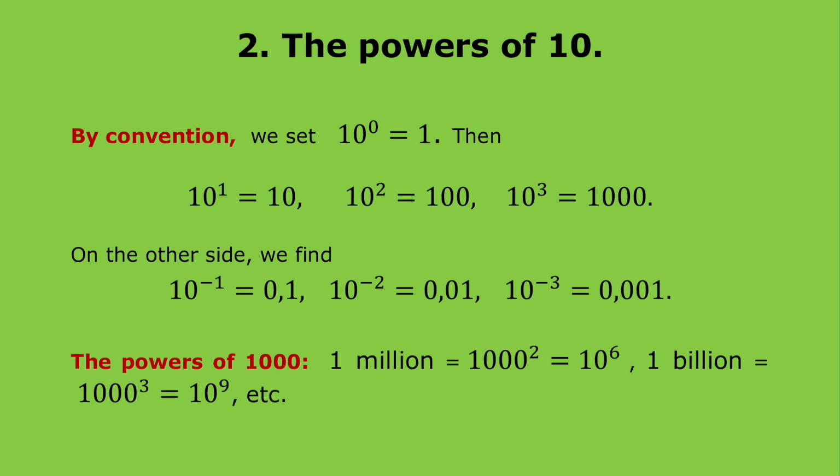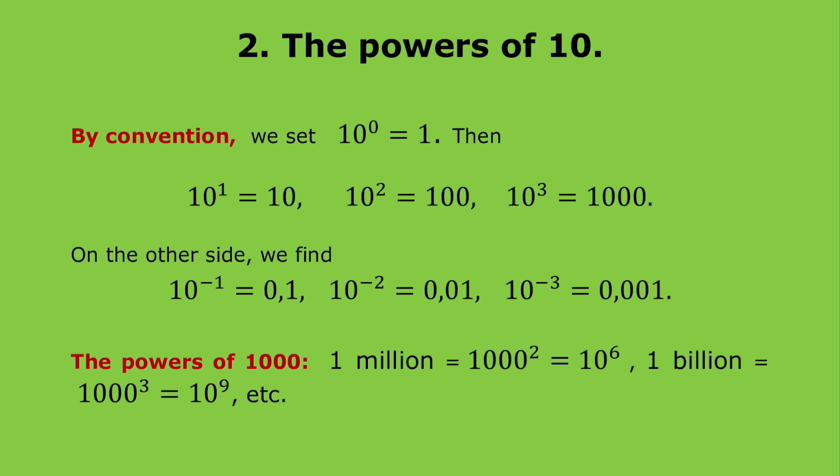The powers of 1,000, 1 million equals 10 to the power 6, 1 billion equals 10 to the power 9, etc., have historically played an important role and made it possible to better realize what large numbers represent, at least for the generations born before the invasion of pocket calculators. Their importance comes from the fact that space is three-dimensional.